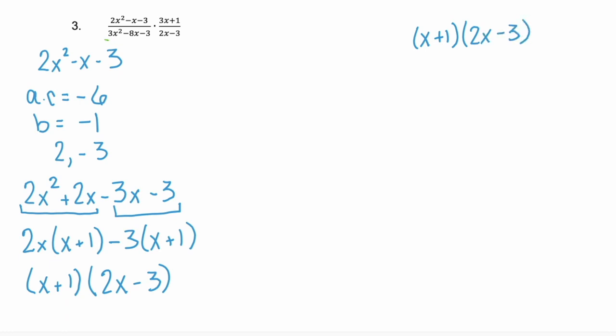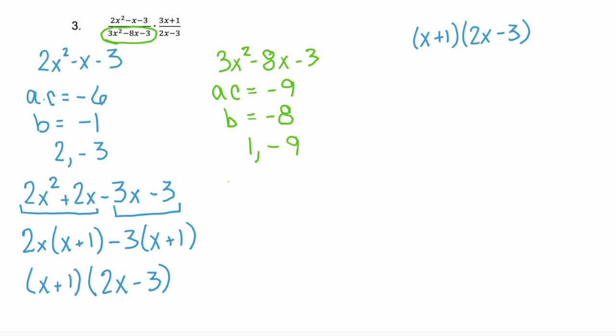Now we're going to move on and look at the denominator of that first rational expression. So we need to factor 3x squared minus 8x minus 3. And again, the key number, AC, here is negative 9, and our B is negative 8. So the two numbers that multiply to negative 9 but add to negative 8 would be 1 and negative 9. So our polynomial would be 3x squared plus 1x minus 9x minus 3.